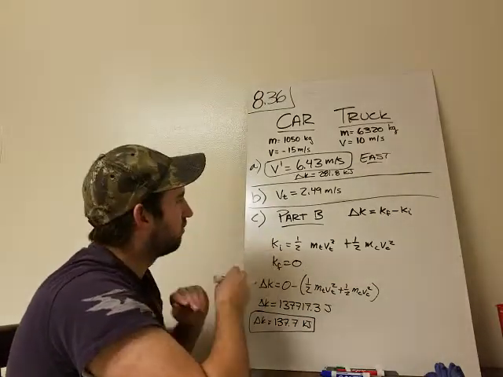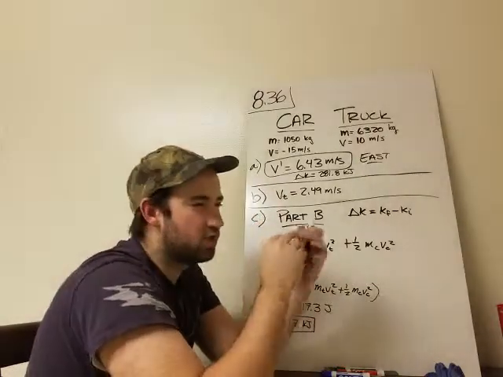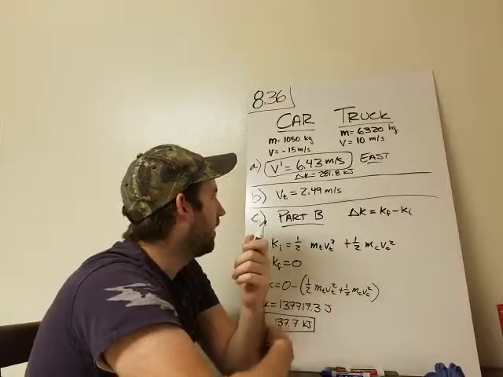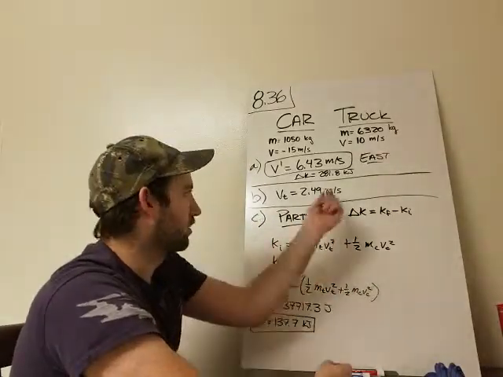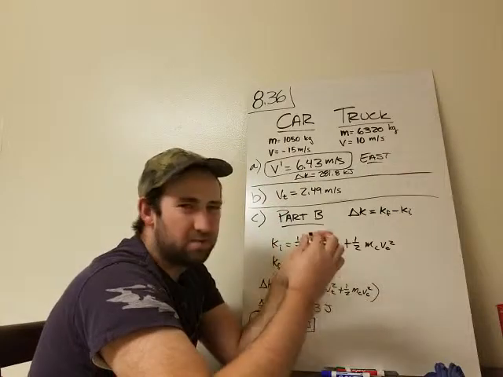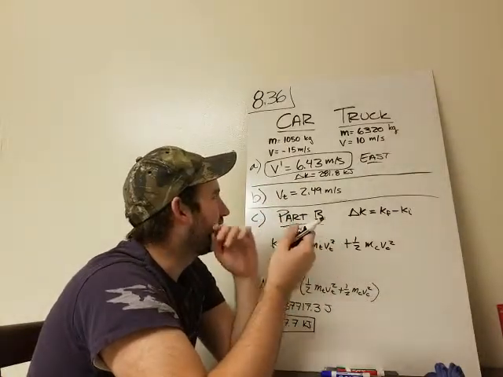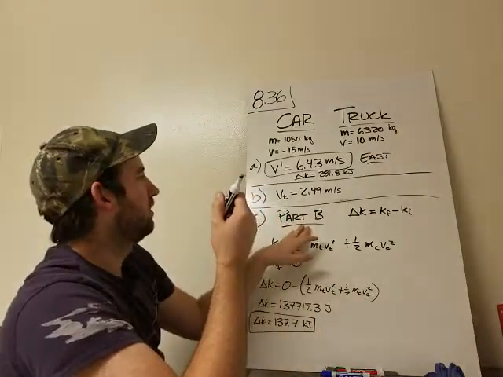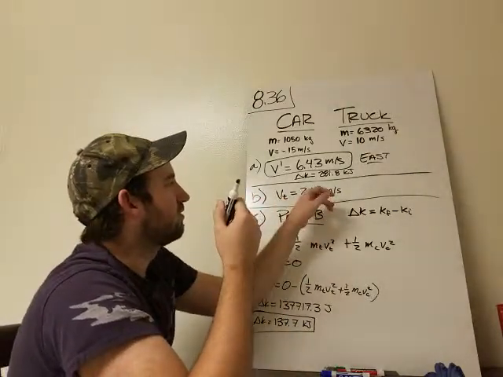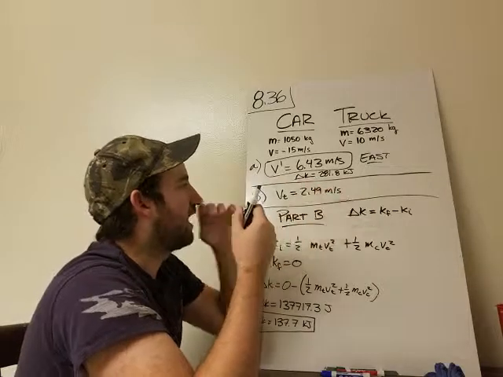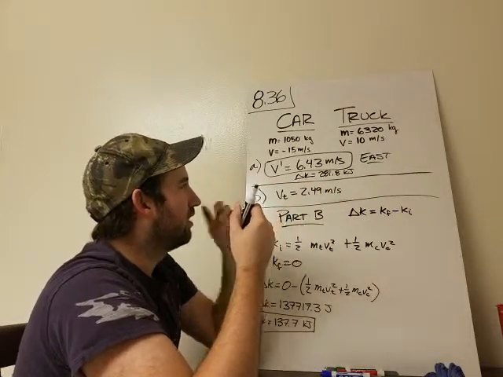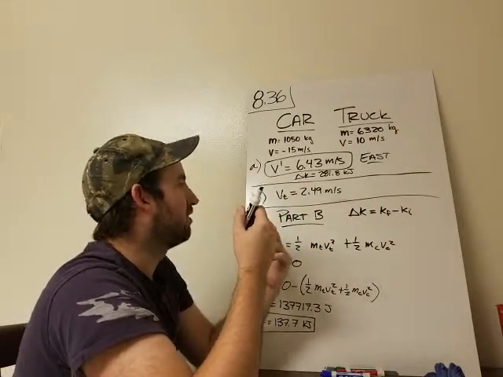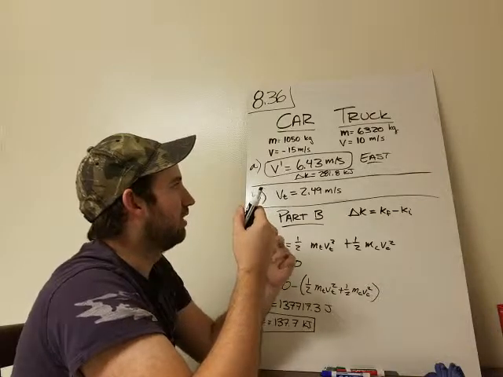So anyway, part C really wanted to know which change is more, and by a long shot, it's going to be part A, which makes sense, right? The change in kinetic energy, because in part B, the truck is only going 2.5 meters per second, and so that change isn't going to be much at all in kinetic energy.